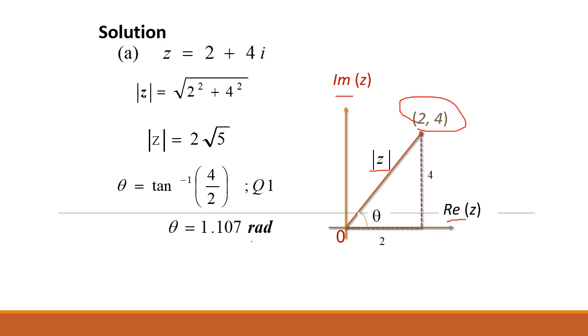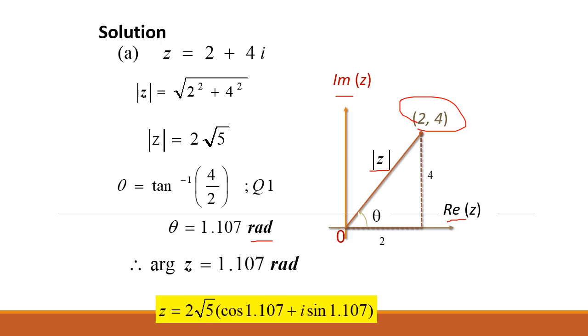Why radian form? Because the range is between negative pi and pi. Remember that. So the argument is equal to 1.107, and the final one they ask you to write is the polar form. So the answer should be z equals r, which is 2√5, multiplied with cos of 1.107 plus i sine of 1.107.